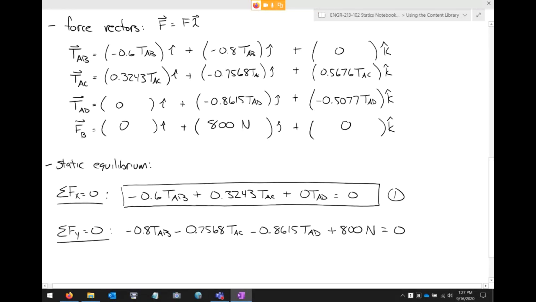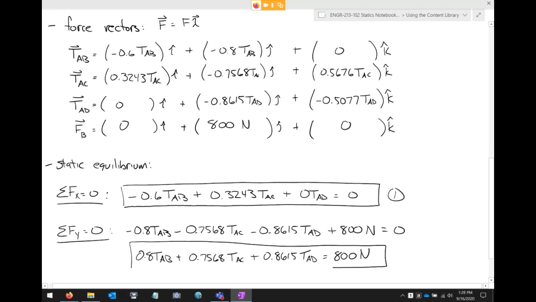I'm a positive person, so I'm going to just keep everything positive and say 0.8 TAB plus 0.7568 TAC plus 0.8615 TAD is 800 newtons. And so that's my second equation. And again, that's just an algebra part.